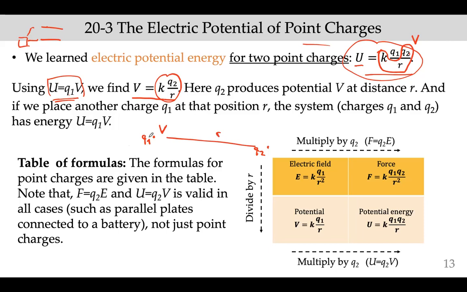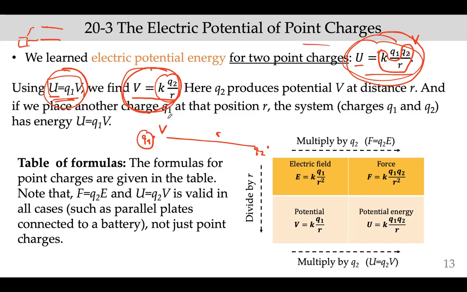And when you place Q1, the energy becomes Q1 times the potential, which is created by Q2. So we can calculate the energy of the system either by using this and this, or by just using this formula, which we did in the previous slides. But the new thing that we learn here is that we can write the potential of a point charge.